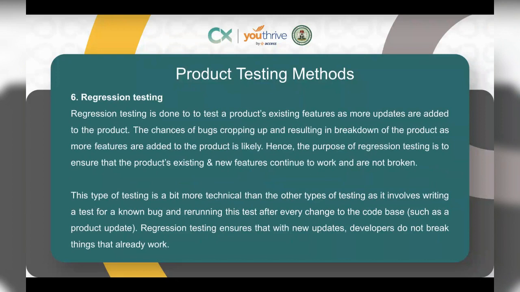Now, the last we're going to address is regression testing. Regression testing is done to test a product's existing features as more updates are added to the product. Yesterday, someone had mentioned during the Q&A session that her product was having a lot of bugs. Conducting regression testing is something that can help improve the product in such a scenario.